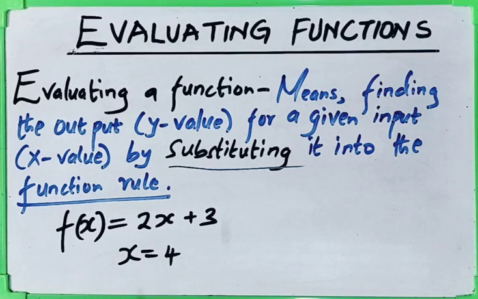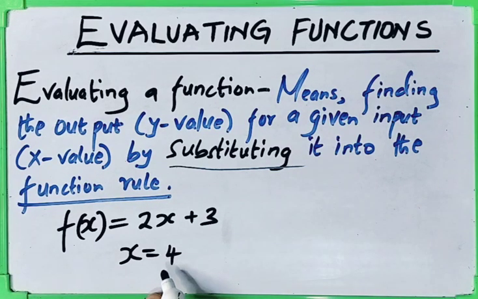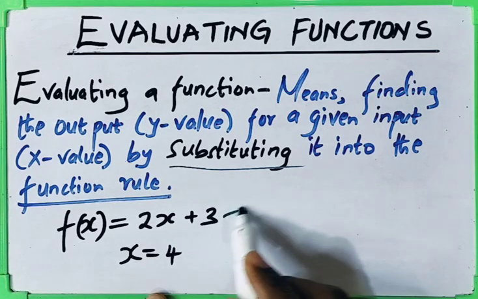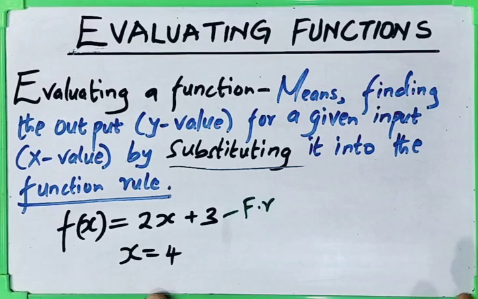Find the output. Because we've already said that, you take the input given, which is x, and substitute it in this function rule. This one is the function rule, FR.